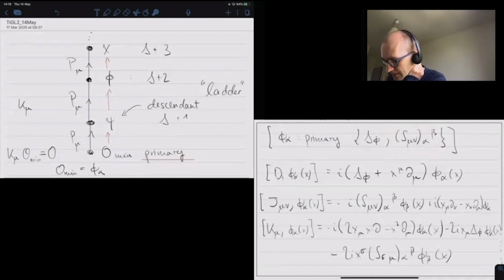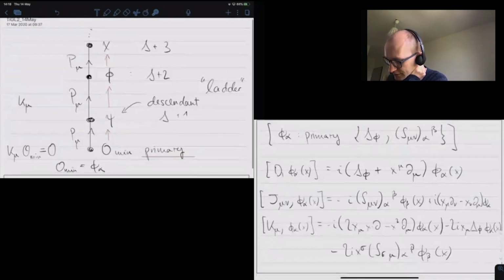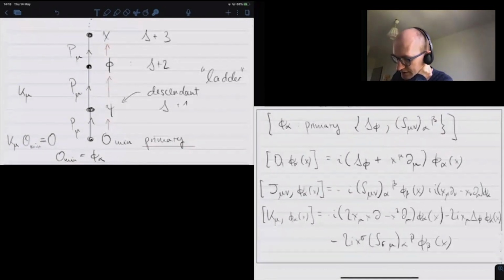And for such an operator, we were able to work out how the conformal algebra acts at an arbitrary point x. So, for example, you have the dilatation operator that gives you not only the conformal dimension, which is by definition an intrinsic property, but it also gives you this coordinate-dependent influence on the dilatation eigenvalue.